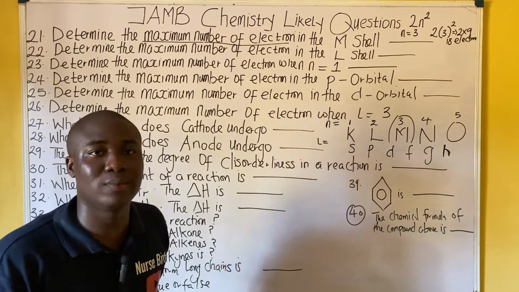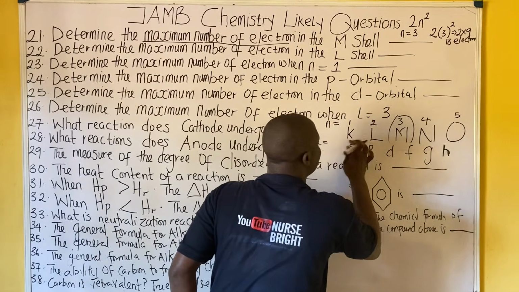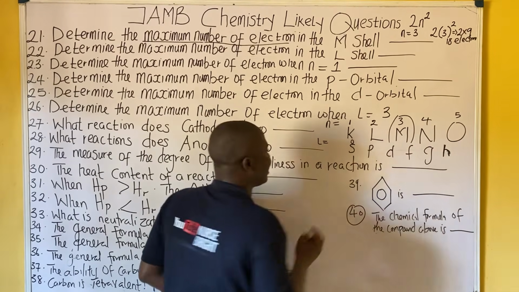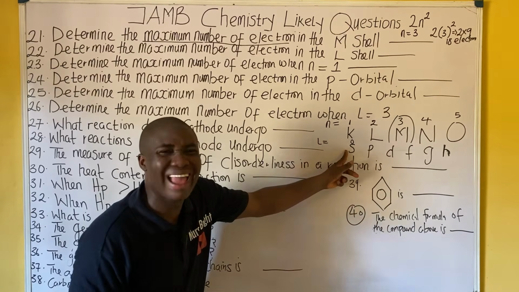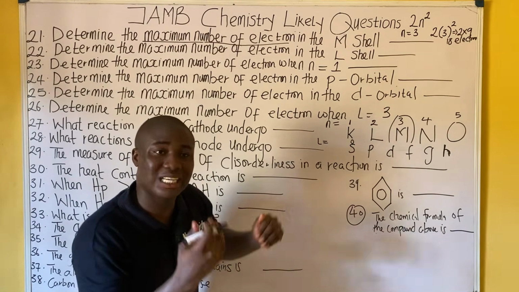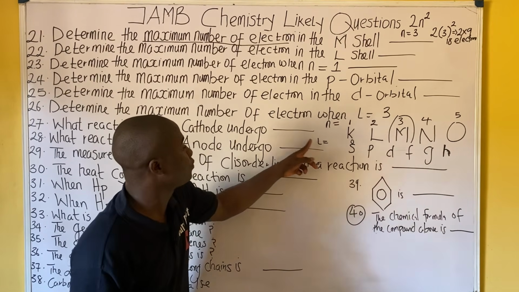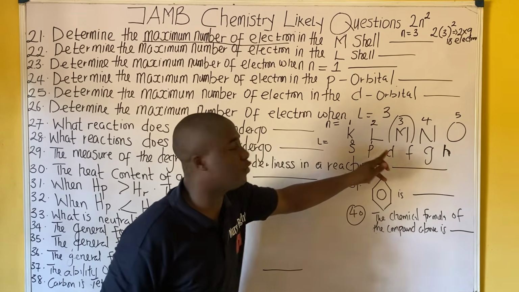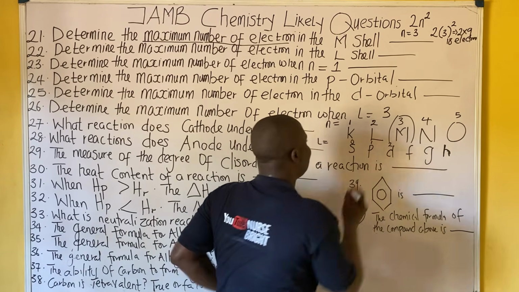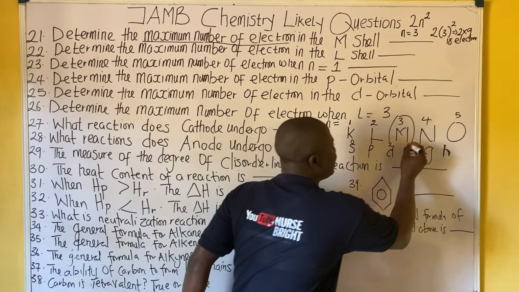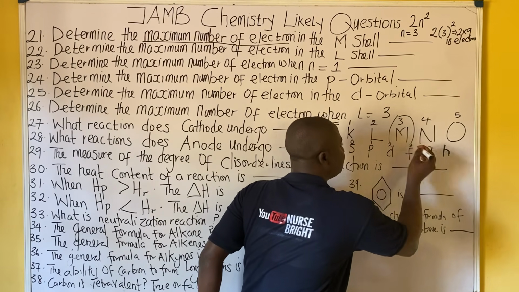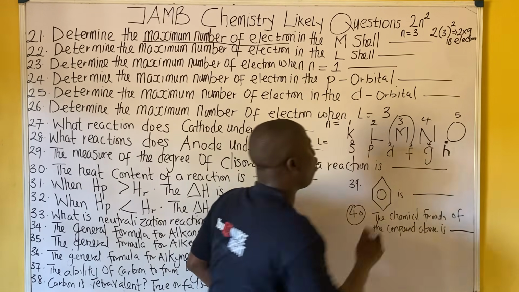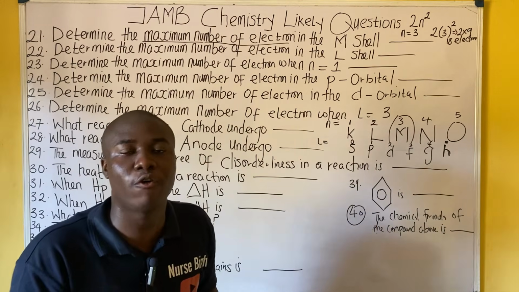For us to get the azimuthal quantum number, it starts from 0. So the l value for the s orbital is 0, and it's counted serially as well. The l value for the p orbital is 1. The l value for the d orbital is 2. The l value for the f orbital is 3. You can see what is happening, and here is 4 and here is 5. So all these are the l values for these orbitals.